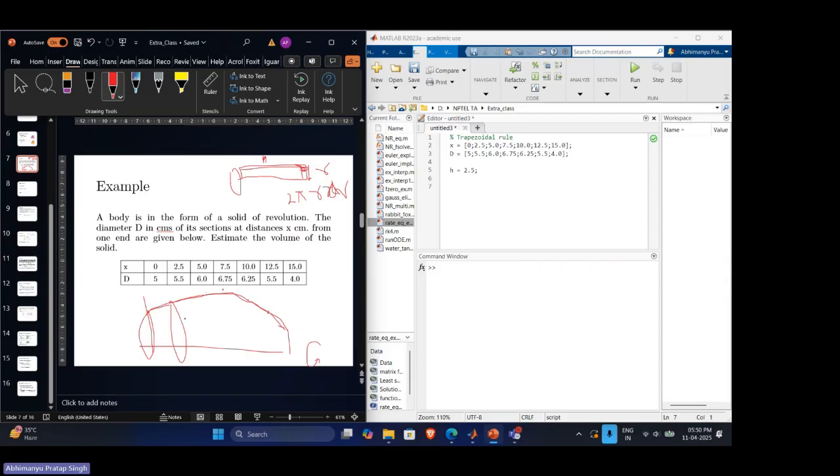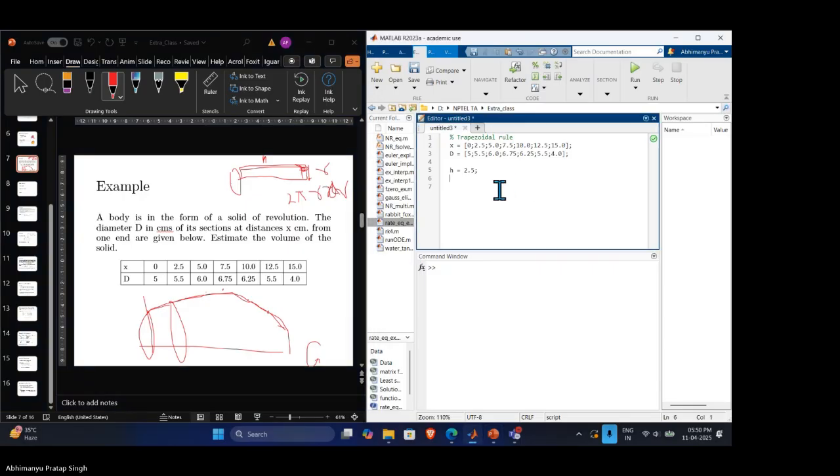The other thing that we can do is, solid of revolution diameter d, estimate the volume of the solid.